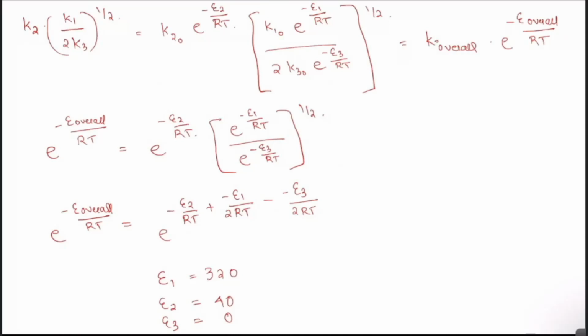So E1 is given as 320, E2 is given as 40 and E3 is 0. e raised to minus E overall by RT is equal to e raised to minus E2 by RT plus e raised to minus E1 by 2 RT minus E3 by 2 RT.